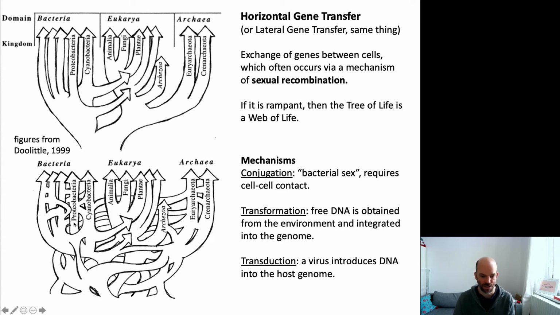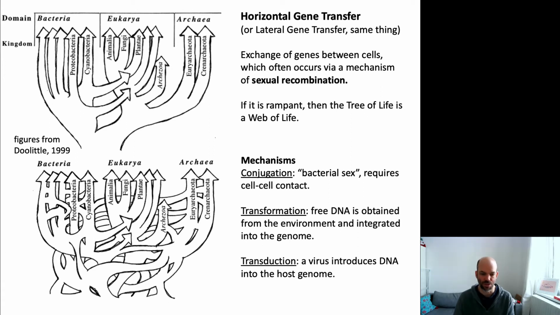And the question is whether the tree of life was really something like this, where genes are constantly being transferred all over the place, even between different domains of life. And in the early 2000s, this was a big debate, and with the metagenomic sequencing revolution, we now know there is no debate. It in fact happens a lot.